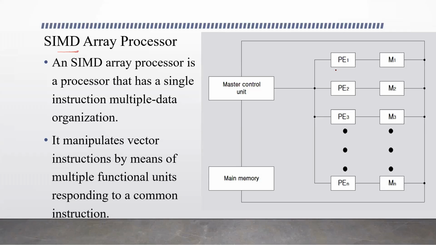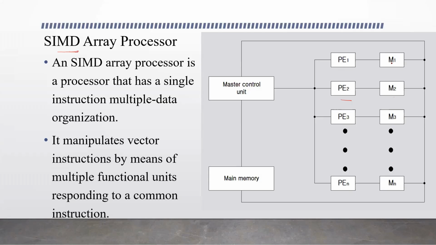So we have multiple processing elements: processing element 1, 2, 3, up to n. Each is connected with a local memory unit. From main memory, the data is transferred to these local memories.